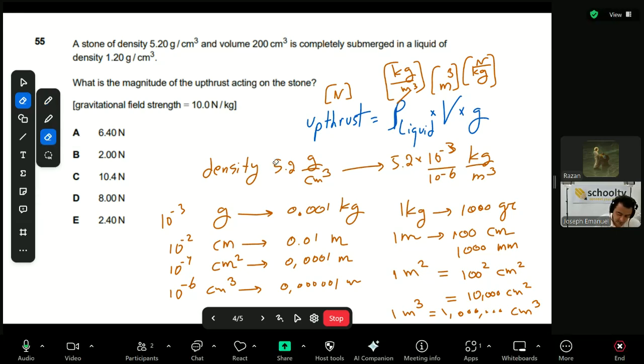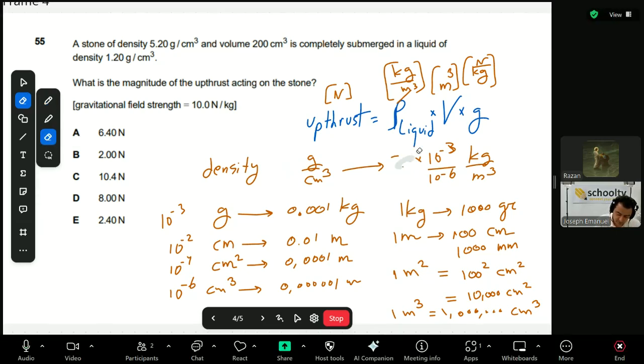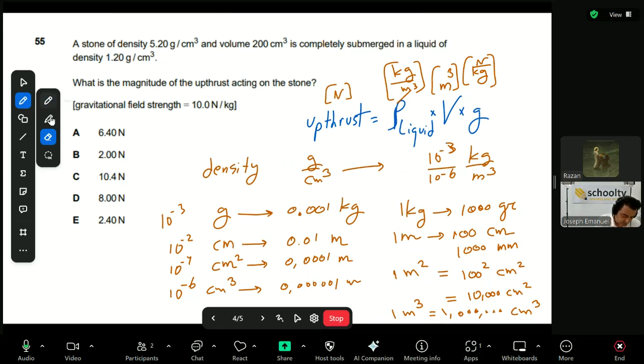Here I should not take 5.2. We should take the density of the liquid soil, so it's 1.2. So the 6 goes up: minus 3 plus 6 is plus 3. You add 3 zeros, so 1,200. This is the answer, kilogram per meter cube.